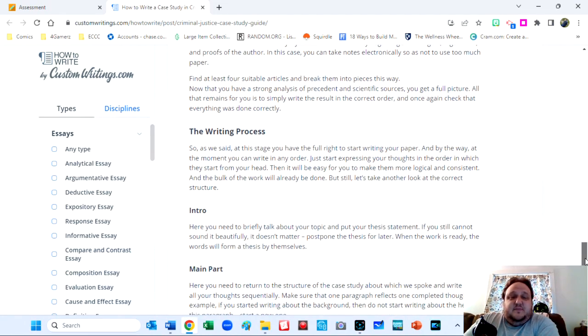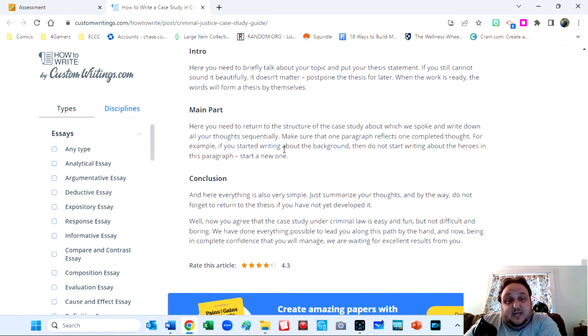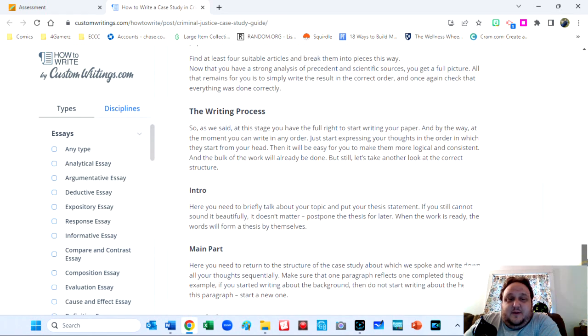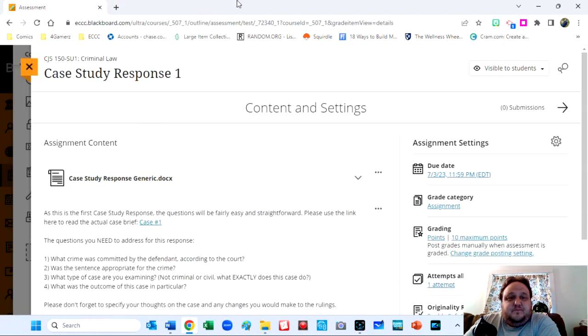It gives you all these different pieces: how to write it, the main part, the conclusion, the intro, which again, we have this kind of breakdown as well. But really, if you plan on going to law school, this is worth reading into because it'll be helpful, but it doesn't matter to all of you.